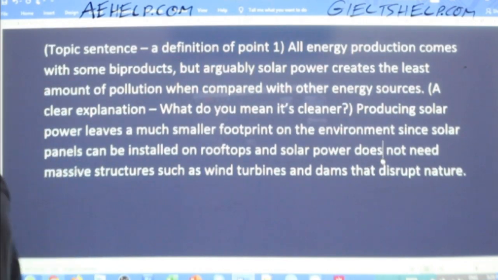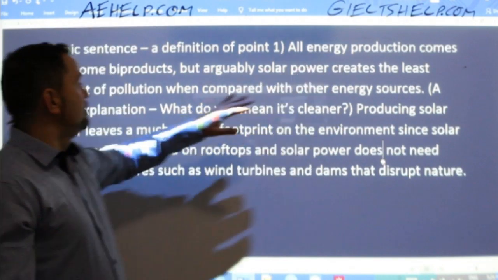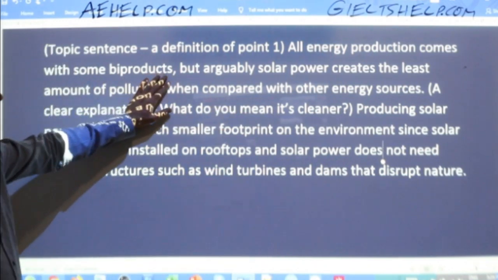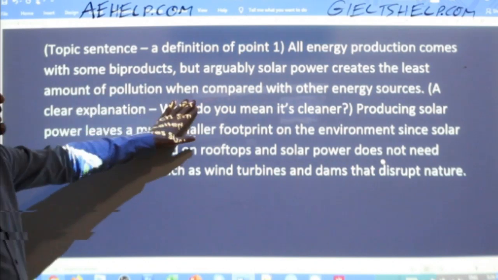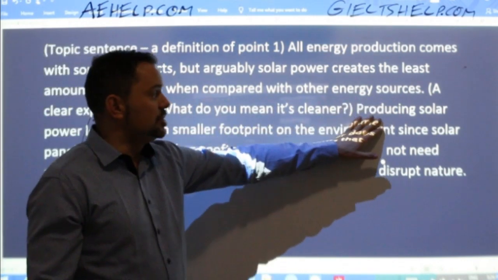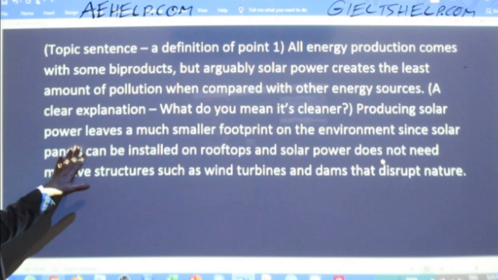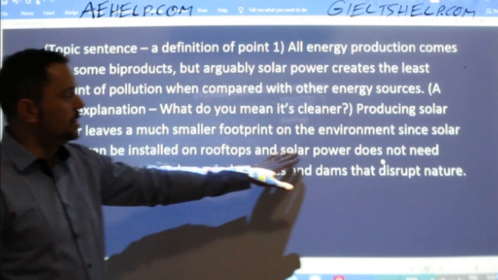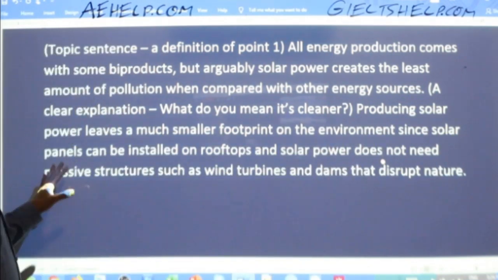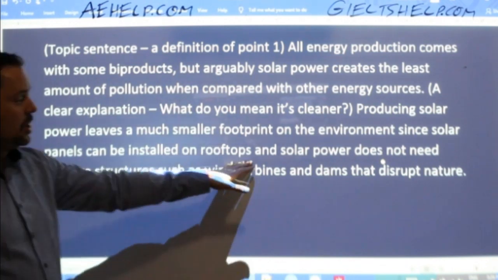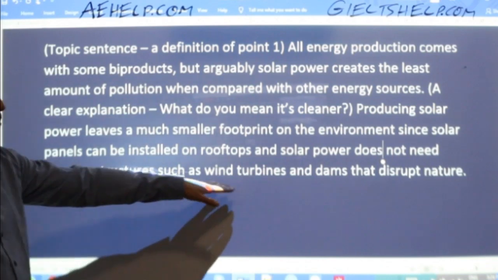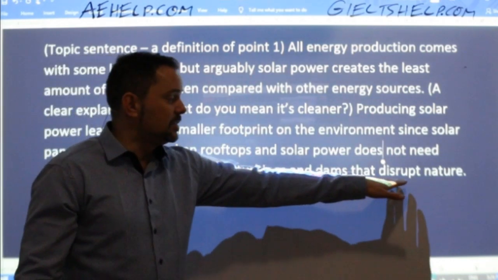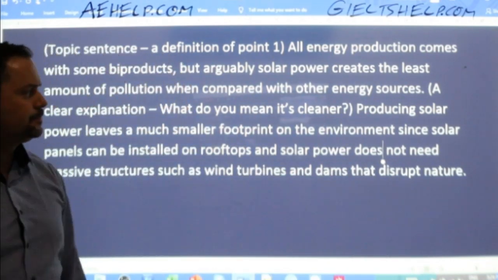So our body paragraph 1: all energy production comes with some byproducts, but arguably solar power creates the least amount of pollution when compared with other energy sources. Producing solar power leaves a much smaller footprint on the environment since solar panels can be installed on rooftops and do not need massive structures such as wind turbines and dams that disrupt nature.